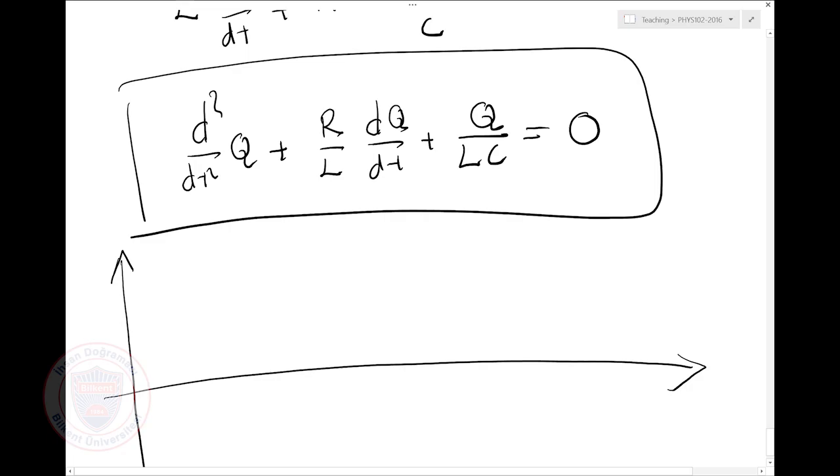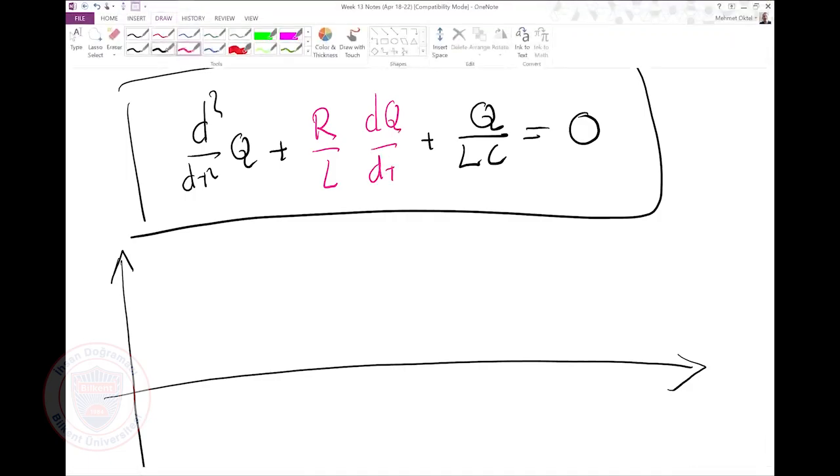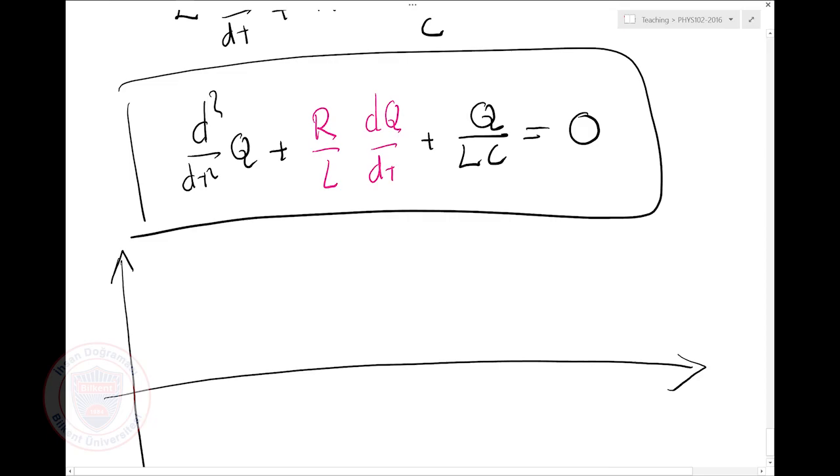Okay. So here is the thing. I am going to do the following. I'll write this term separately: R over L dq/dt. Now, if there is no resistance in the circuit, I know what my solution looks like. My solution will oscillate.